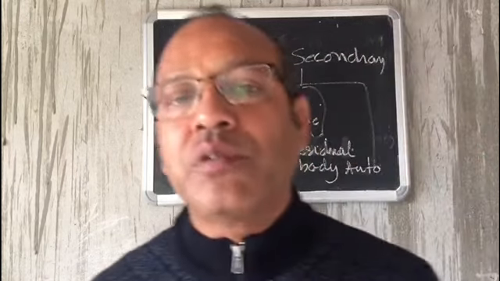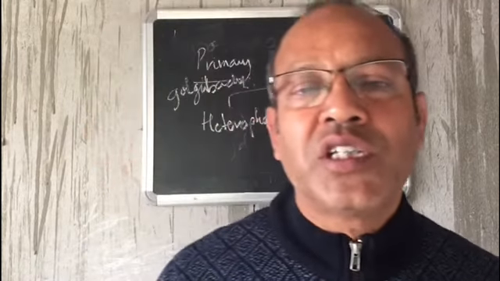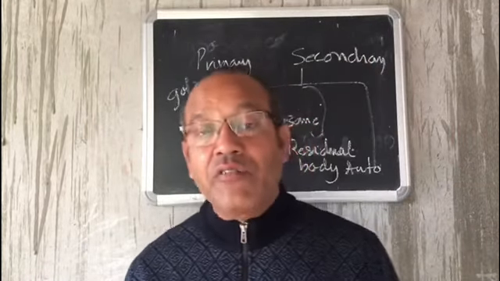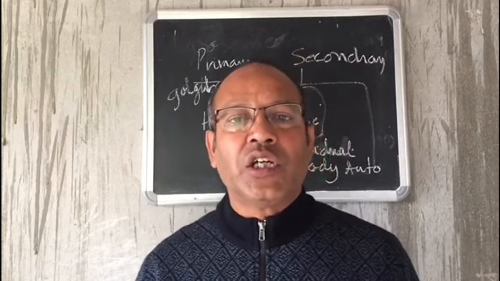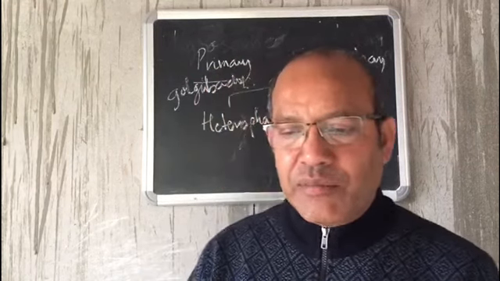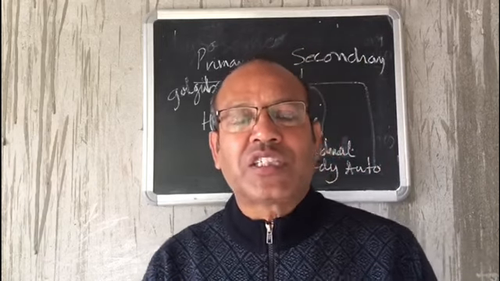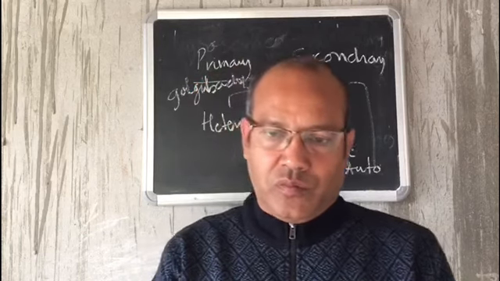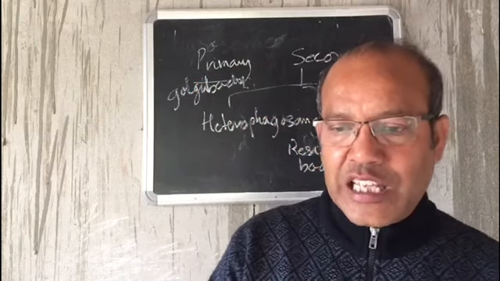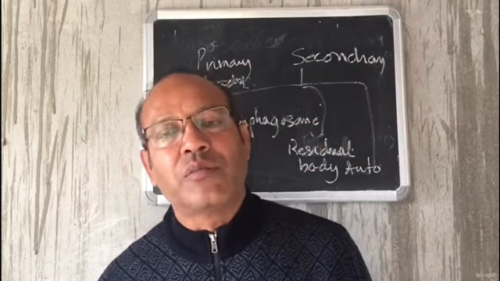Then we have the residual body. Residual body is formed after the heterophagosome. After the process of digestion, whatever undigested material or debris remains in the lysosome, that is called the residual body.